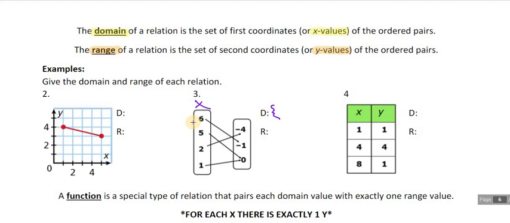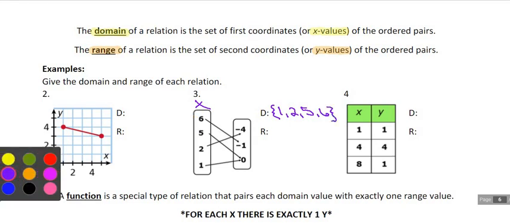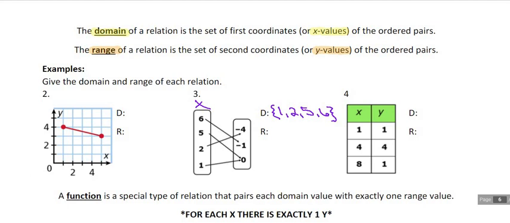So the domain, the X values, are 1, 2, 5, and 6. The range then is the Y values, and those are the Y values of -4, -1, and 0.